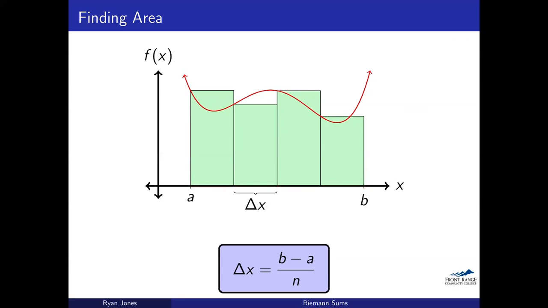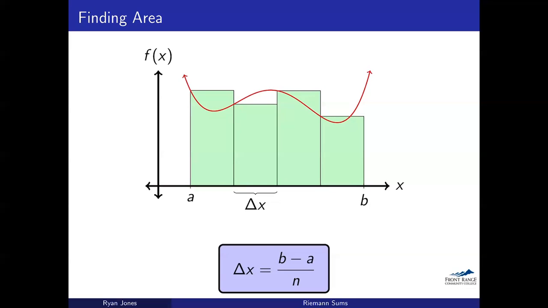And what we have here, which you can hopefully recognize, is that this entire region is b minus a. We saw that before. So if I want to split it into 4 different regions, 1, 2, 3, 4, I need to take that b minus a and divide it by the number of regions that I want.